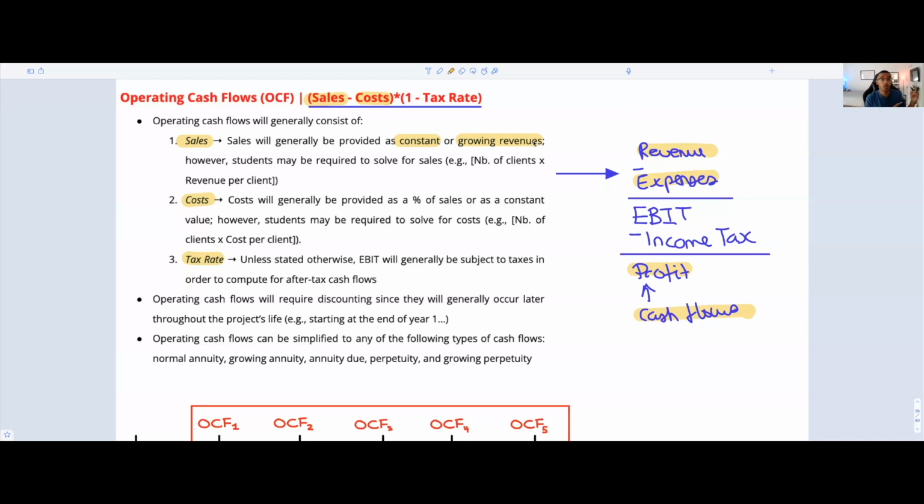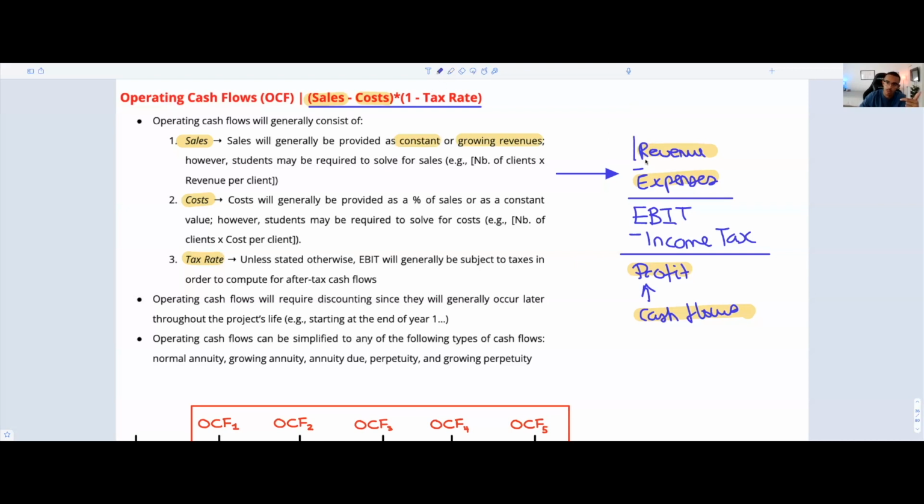Now, I want to say one more thing though, because with more complex questions, and we're still dealing with sales, they may not give you revenues or a number to work with. They may actually tell you that you have a number of clients and each client will provide X amount of revenue, okay? So then you're actually gonna have to solve for revenues yourself.